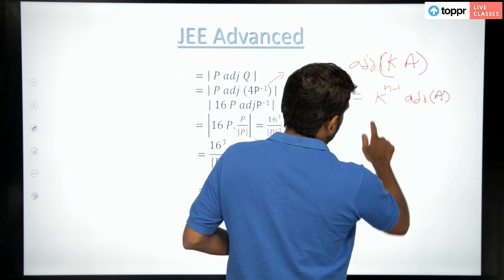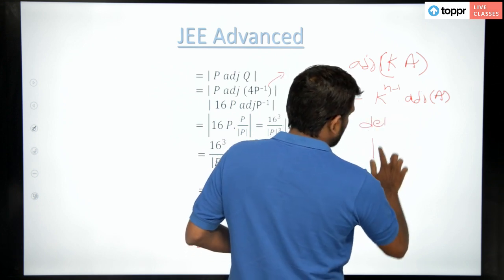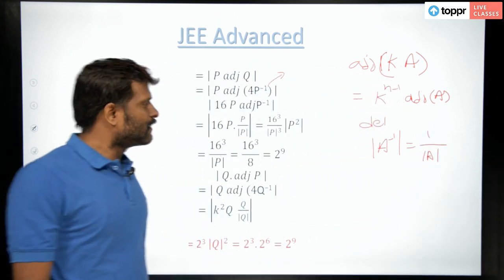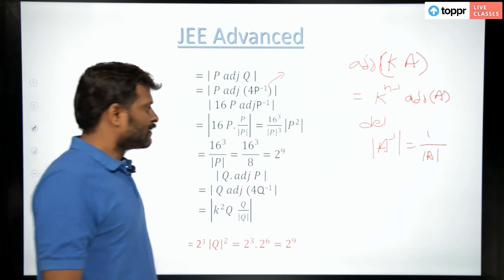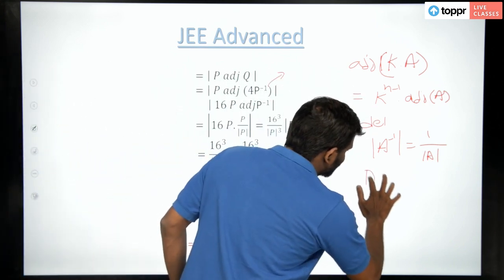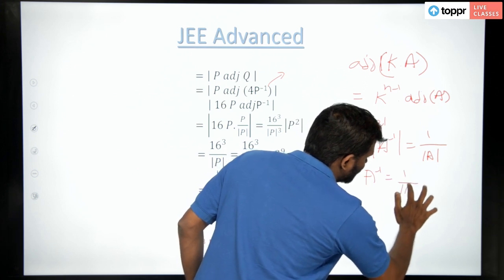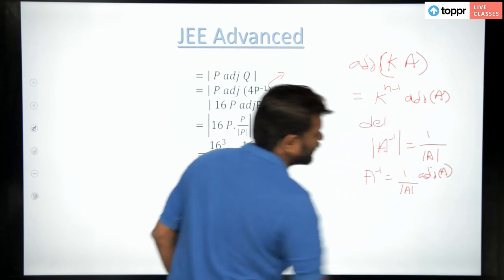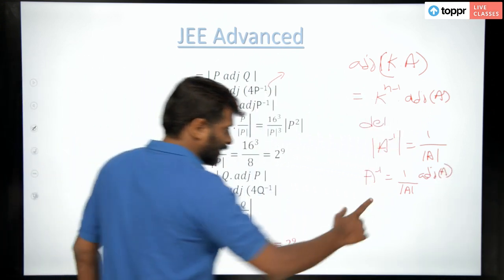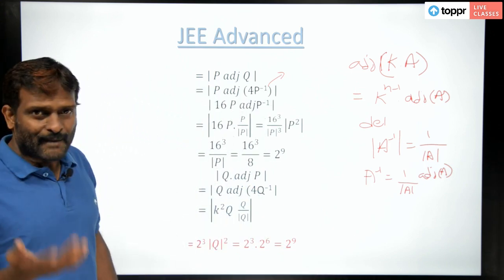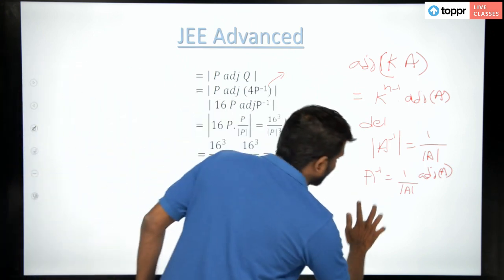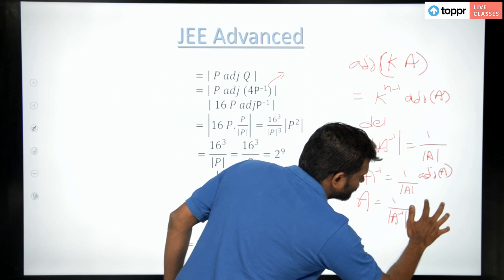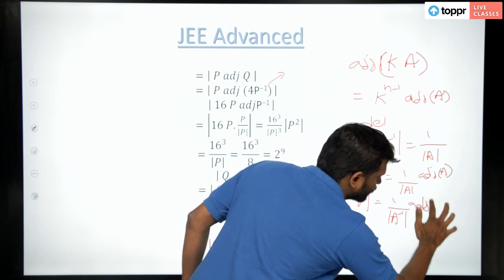Why? Because det of A inverse is equal to 1 by det A, we know that, right. Then A inverse is equal to 1 by det A times adjoint A. Now, if I replace A with A inverse, then this will become A equals 1 by determinant of A inverse times adjoint of A inverse.